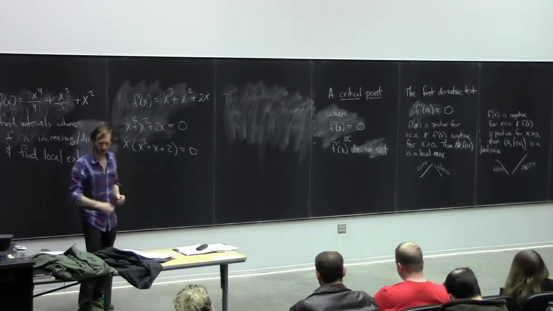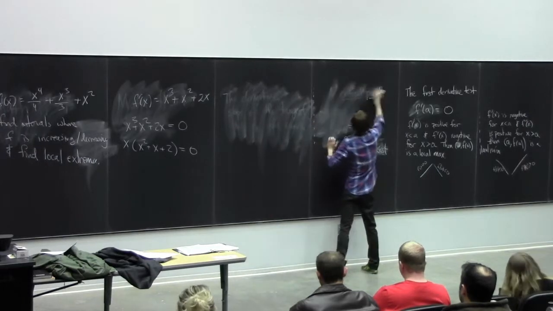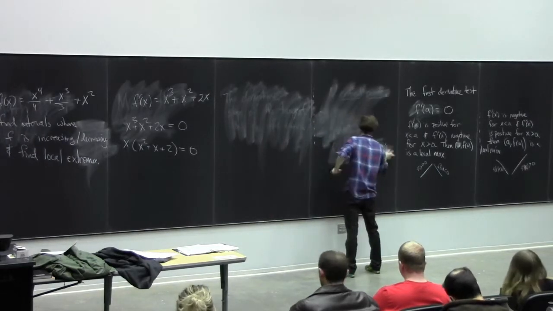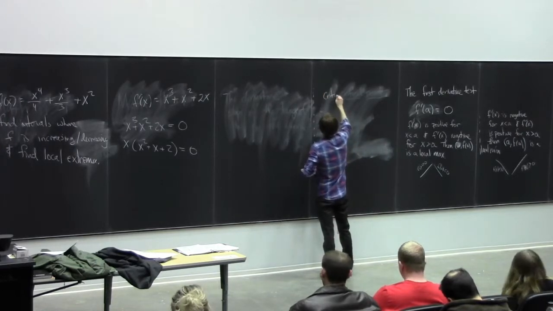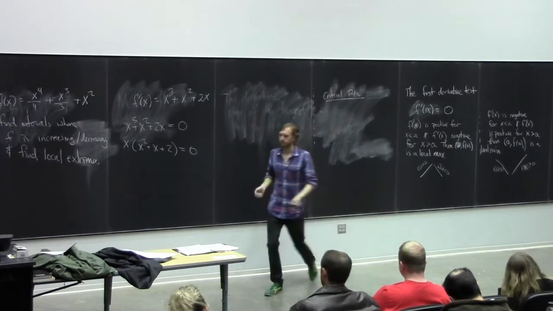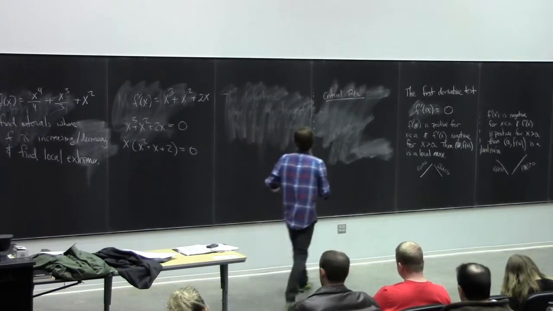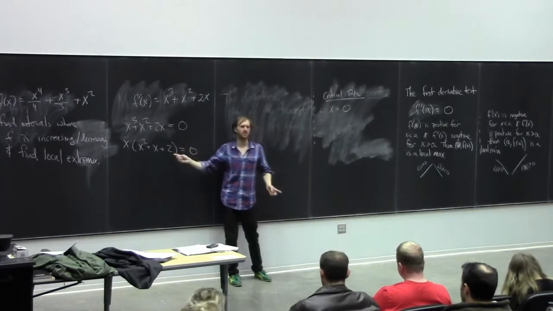Aha. So one critical point would be x equals 0, because if x equals 0, then this thing's 0.